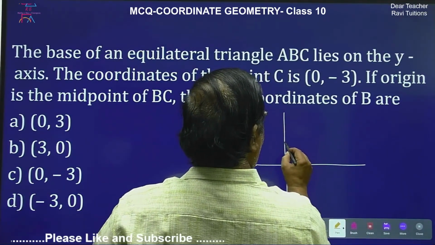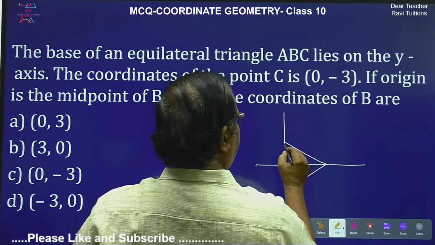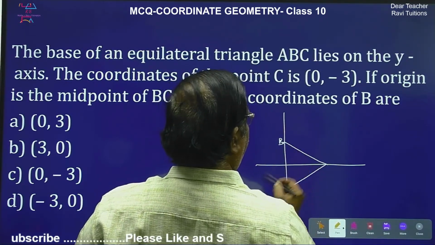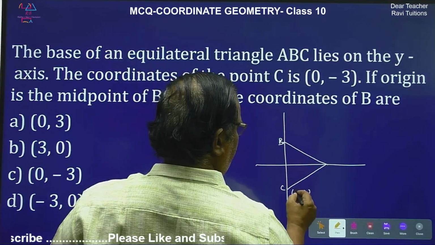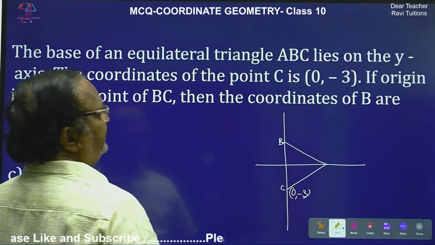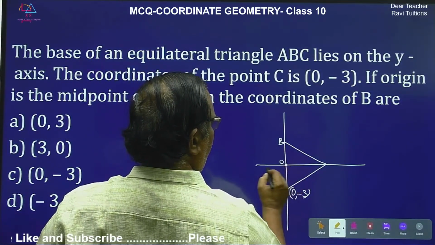The equilateral triangle lies like this because this is the base and this is B and C. So C is given, C is equal to 0, minus 3. So then origin is the midpoint. This is the midpoint, O midpoint.